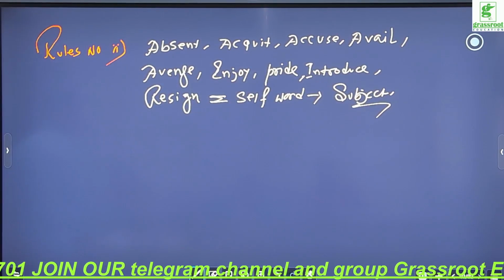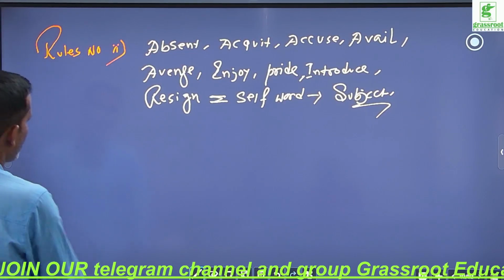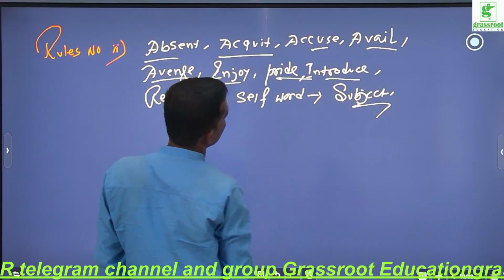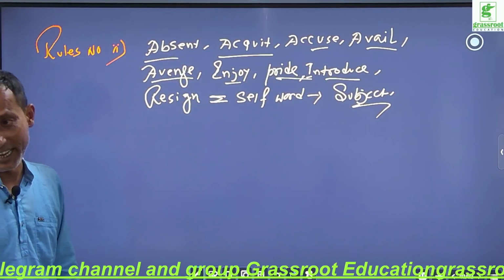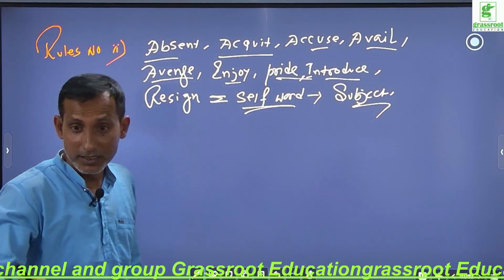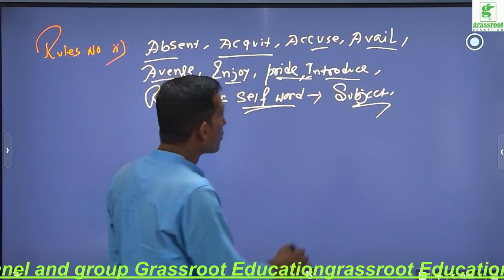So when these verbs are used in active form, they must take a self word. But what type of self word? The self word must be formed according to the subject.